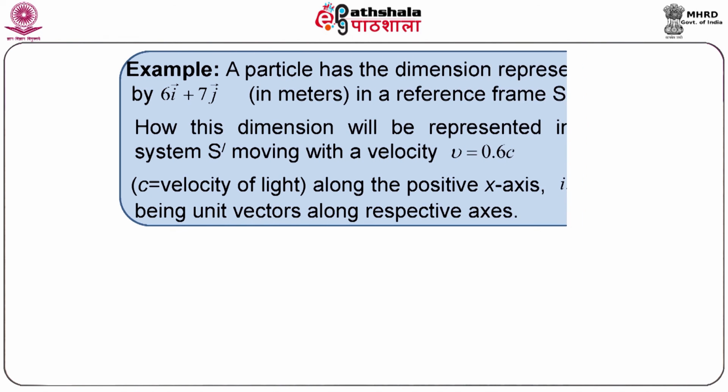Consider the next example. A particle has the dimension represented by 6 i vector plus 7 j vector.